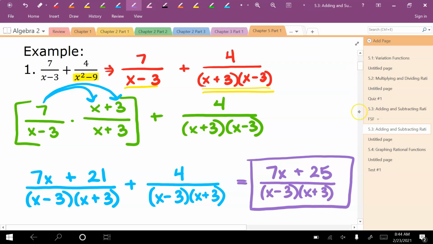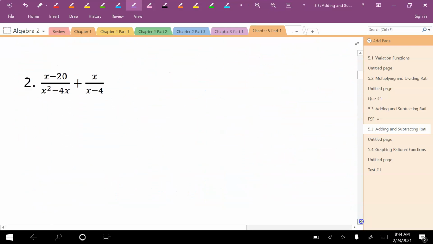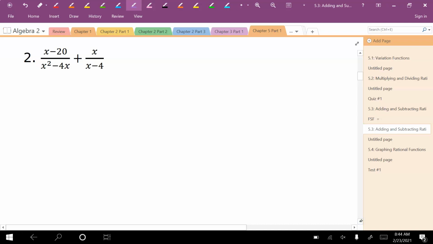Okay, so let's take a look at the second one here, number 2. We have x minus 20 all over x squared minus 4x, and then plus x over x minus 4. Looking at the first fraction, it says x squared minus 4x.